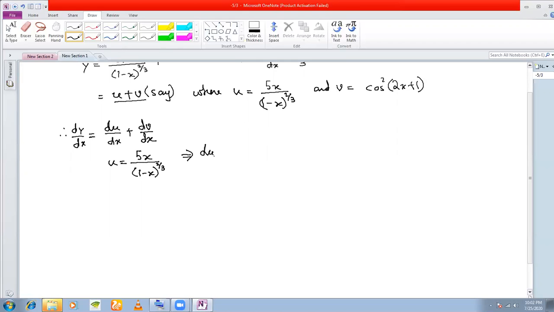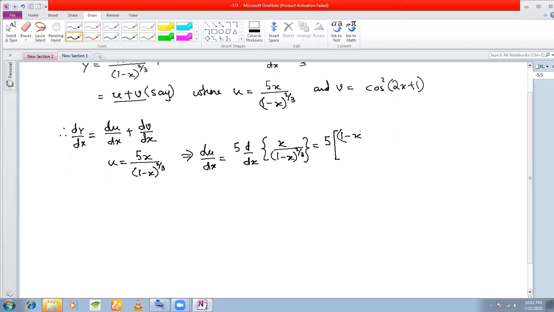That means du dx is equal to 5 d/dx of x by 1 minus x to the power of 2/3. I've taken the 5 outside. 5 is a constant. Right. Now I'll just use the u by v rule.